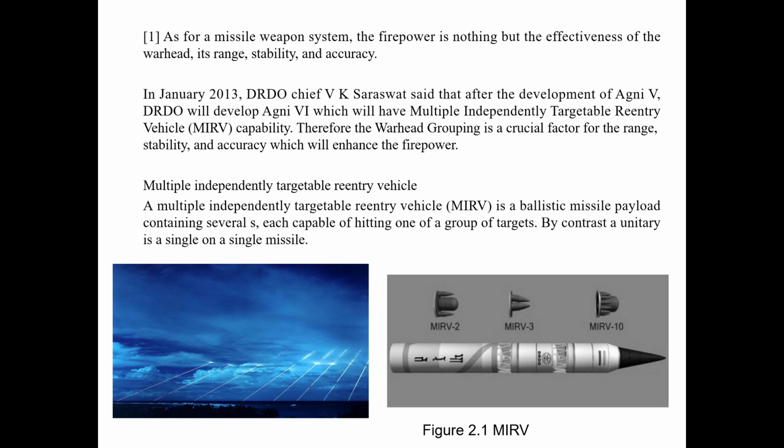In 2013, DRDO Chief V.K. Saraswat said that India is already on its way to developing the Agni 6 indirectly. So it's public domain data. India has already started its mission to Agni 6. So Agni 6 will be a MIRV.